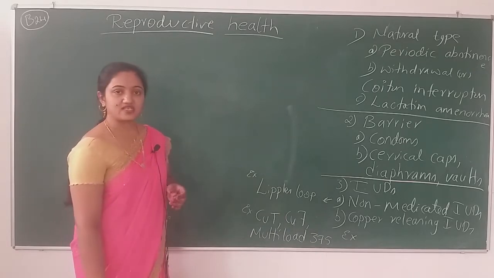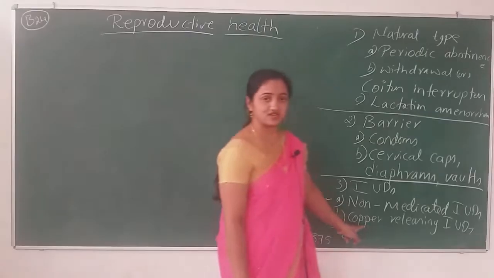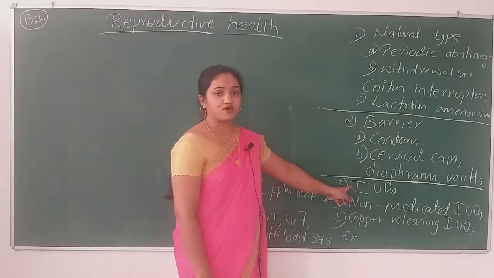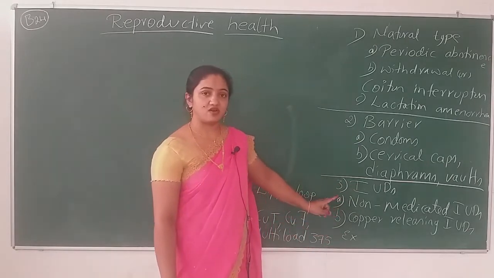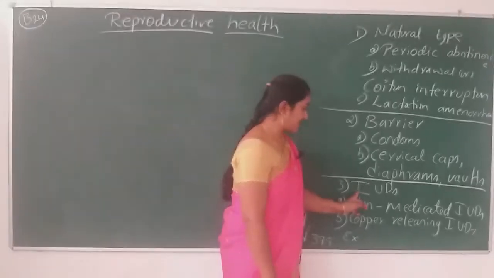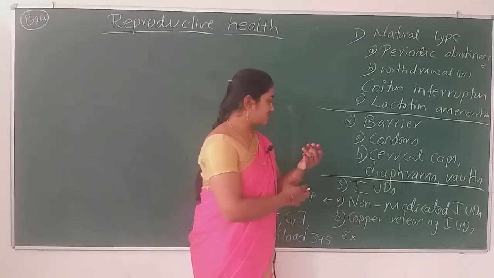The copper releasing IUDs are meant for females, and these are the best category of contraceptives, which show better results.